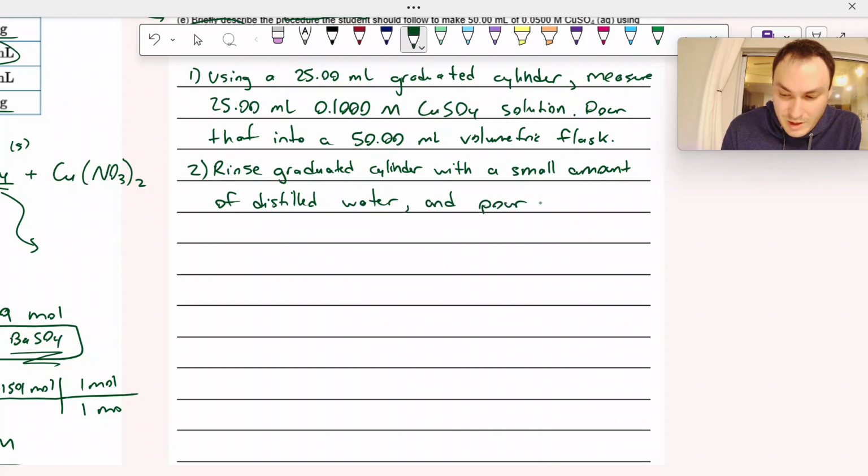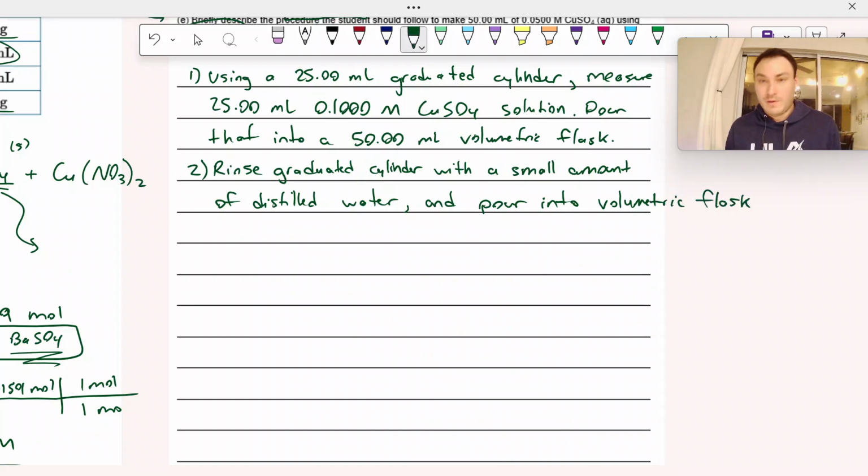And I'm going to pour that into my flask, just to make sure that all of that 0.1 molar ended up in the volumetric flask.